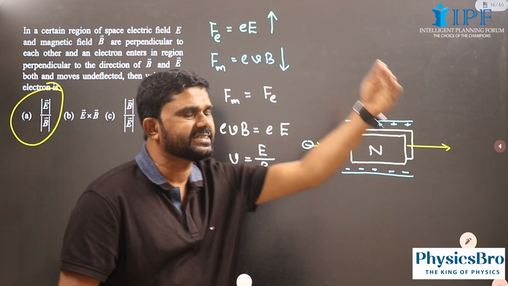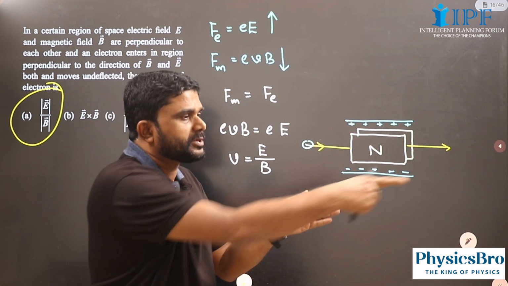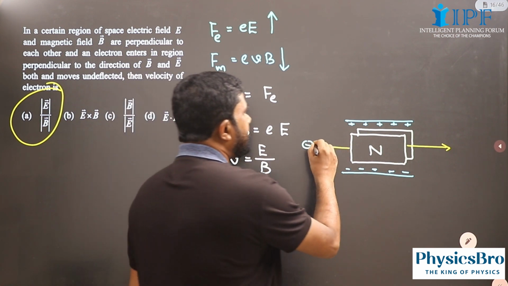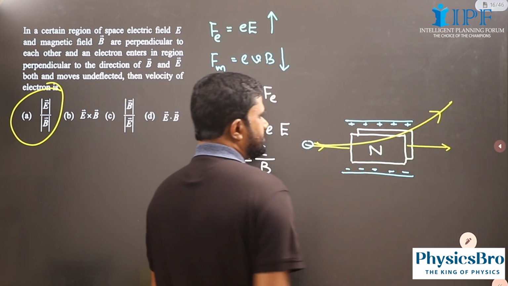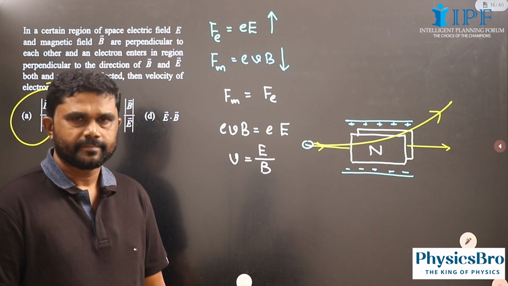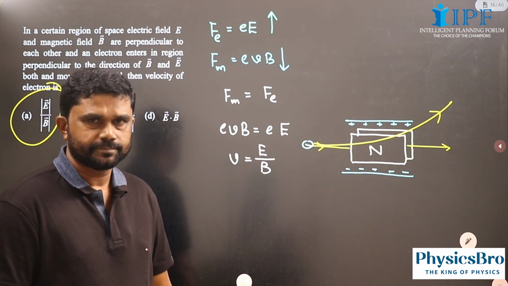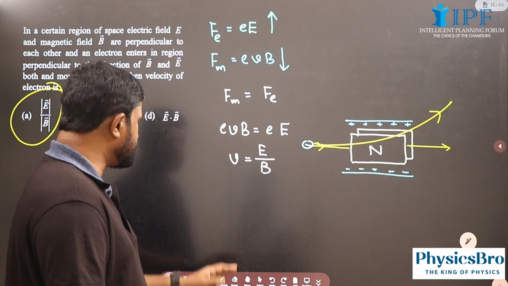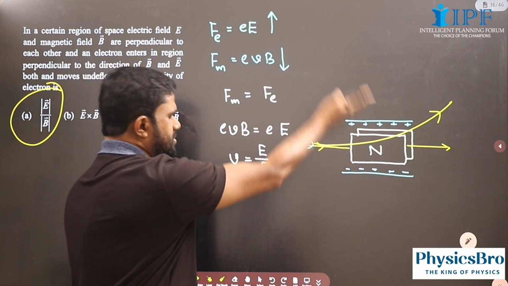This side is open, this side is also open. The electron is projected like this. So this electron will experience an electric force towards the positive plate, or say upwards.